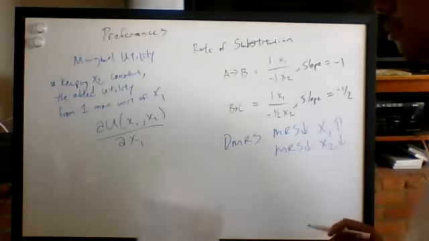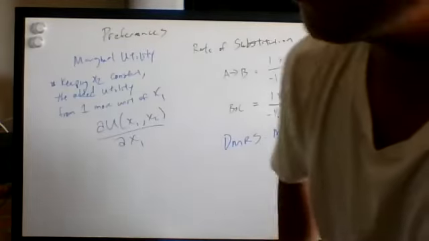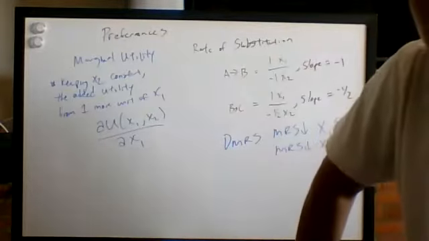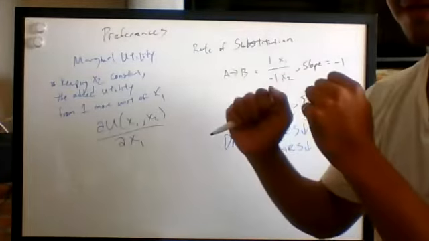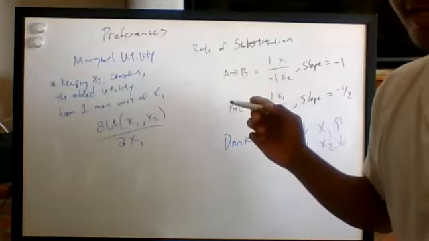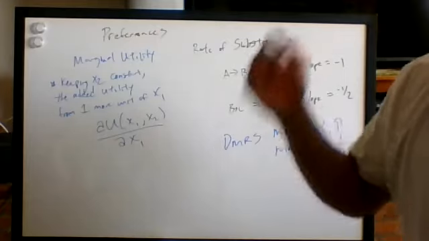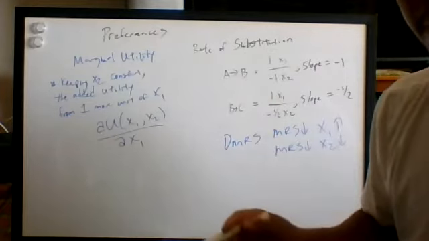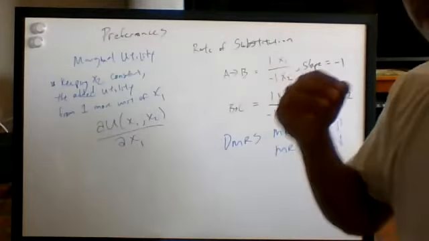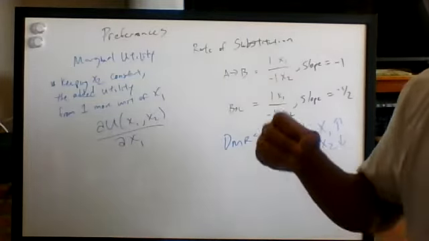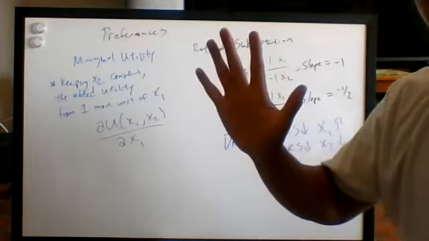Why do I bring in the idea of marginal utility? Because it goes into the whole thing I was talking about, how you exchange one good for another. As I mentioned before, let me take a step back. Say that the marginal utility for x1 is 5, meaning that if I have one more unit of x1, I'm going to have 5 more utility.